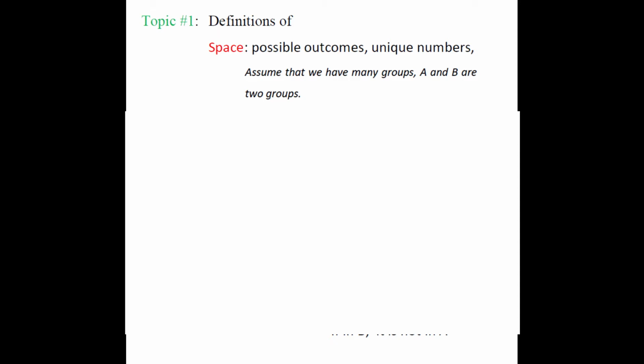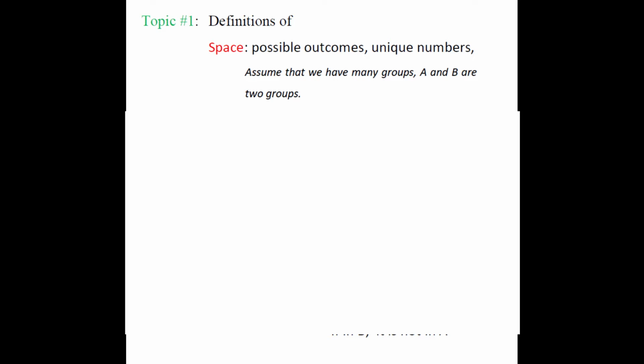Our space will be 10 different fruits. Suppose we randomly pick a number between 1 and 10. 1, 2, 3, 4, 5, 6, 7, 8, 9, 10 will be our space.